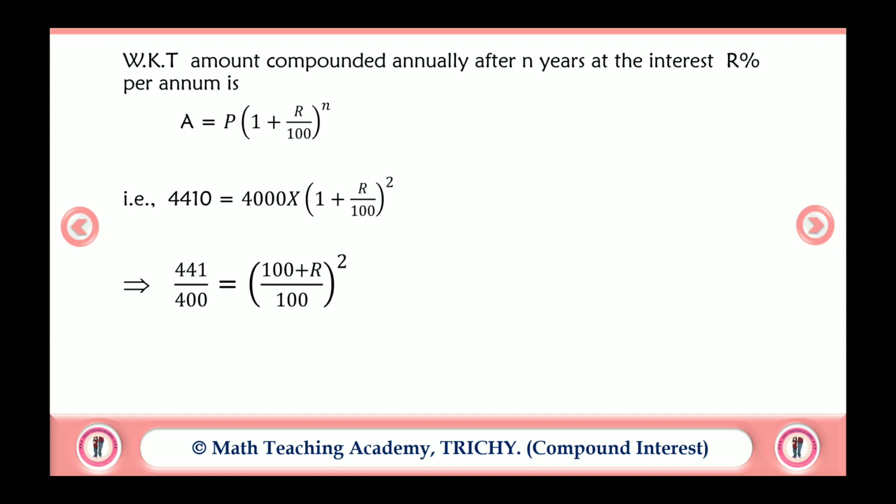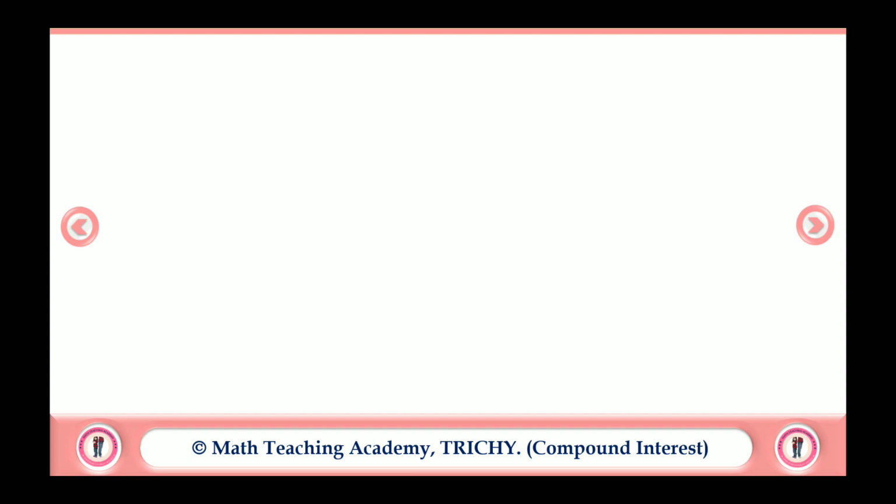Now 441 divided by 400 can be written as (21/20) squared. So (21/20) squared is equal to ((100 + R)/100) squared. And then both sides cancel the power 2. So what you will get is 21/20 = (100 + R)/100.